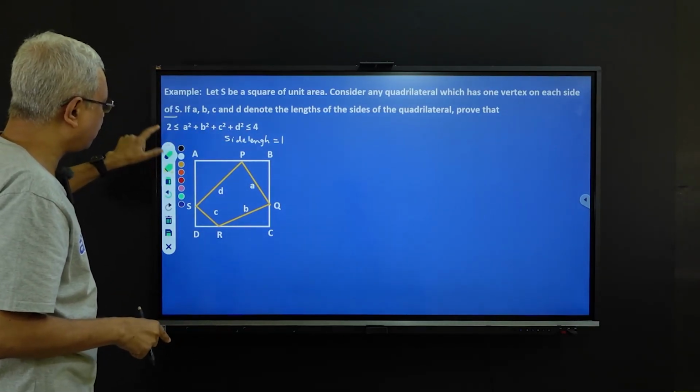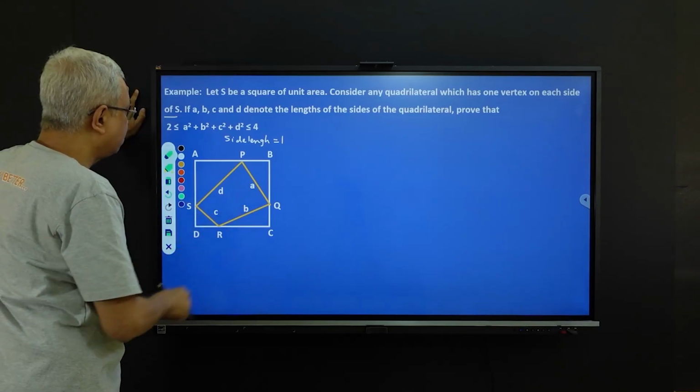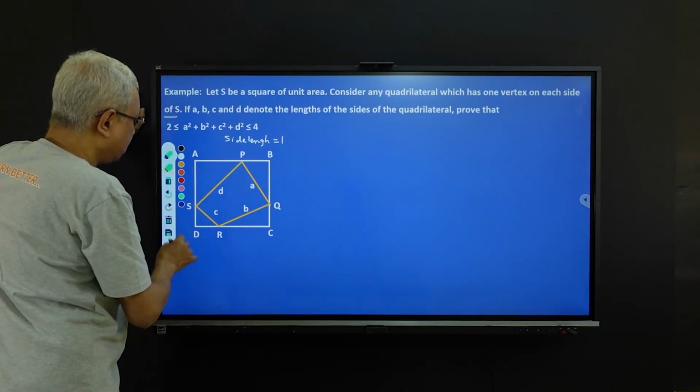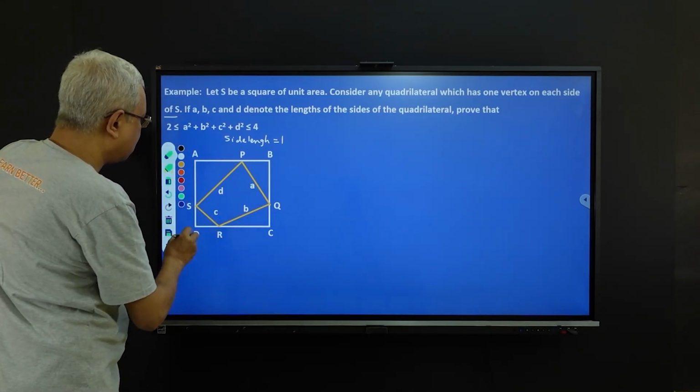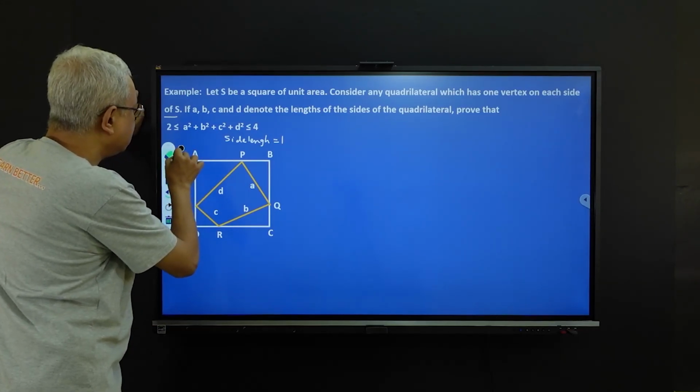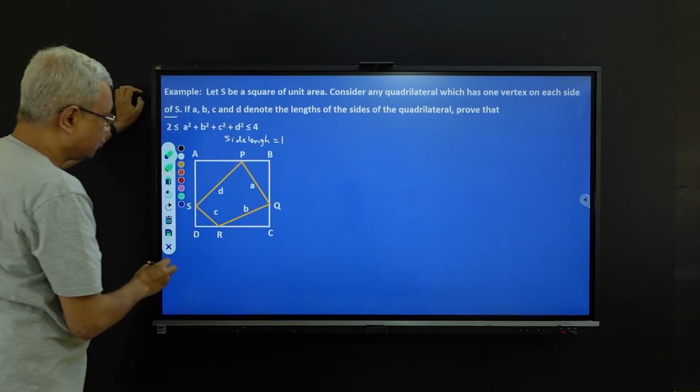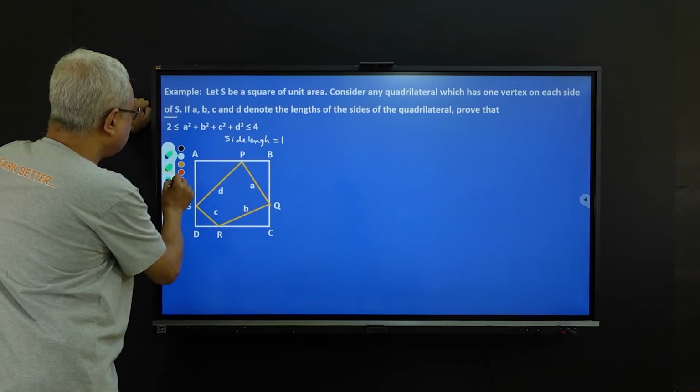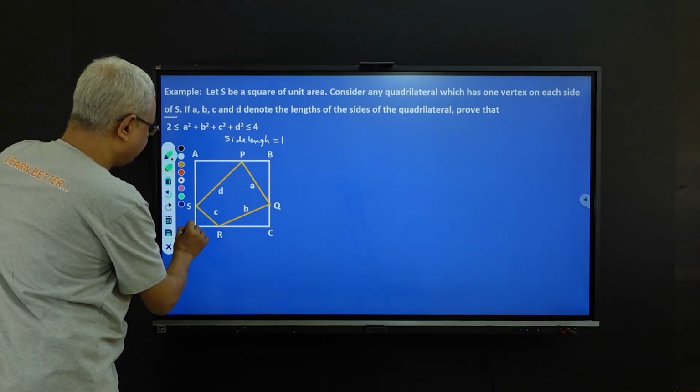Now in such types of geometrical problems, we generally consider a coordinate system of our choice and convenience. So here I choose a coordinate system like this.